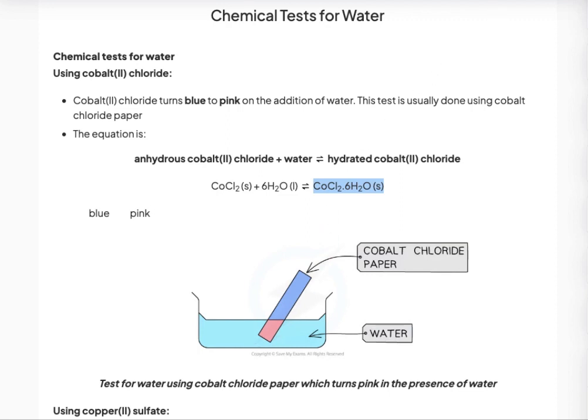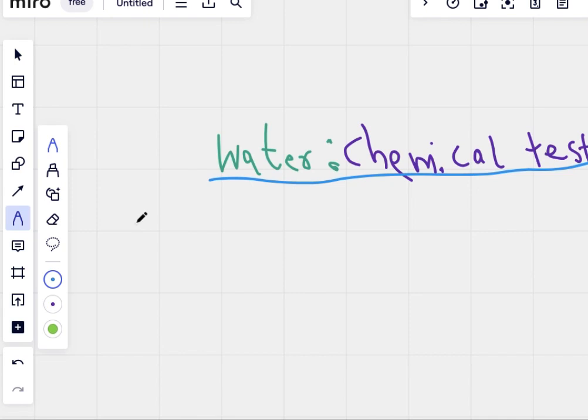So in testing for water, we take cobalt 2 chloride. Let's write the chemical equation. Cobalt 2 chloride plus water, H2O, we produce what? This cobalt 2 chloride is anhydrous.